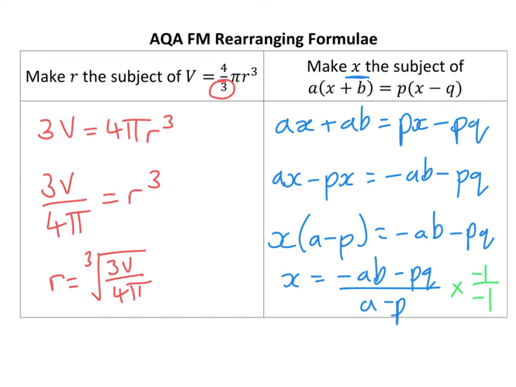Okay, and what we're going to end up with is X equals AB plus PQ over P minus A. Right, so there you go.